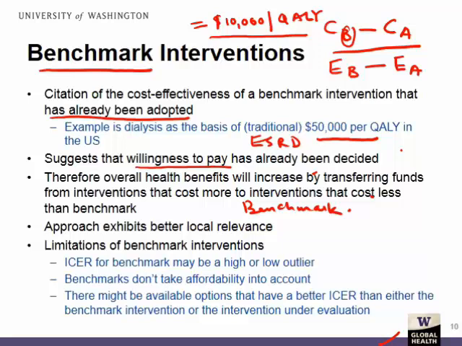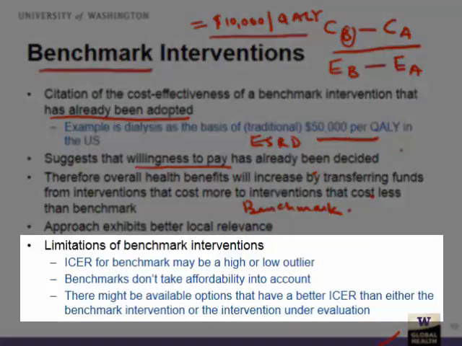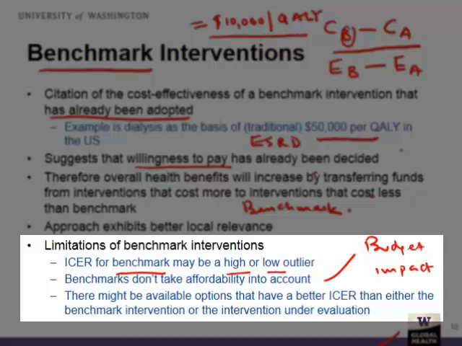And many analysts believe that this approach exhibits better local relevance. It has some limitations. One is that you can have a benchmark which is a high or low outlier, and it also doesn't consider budget impact, doesn't consider affordability, and in later weeks we'll talk about budget impact analysis.